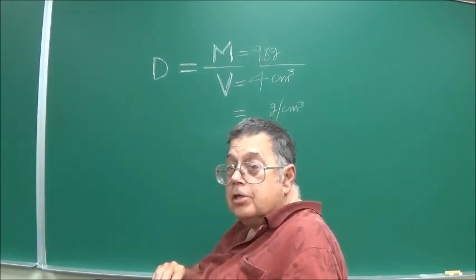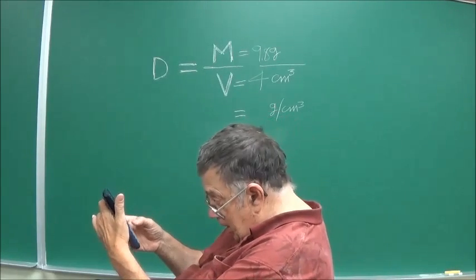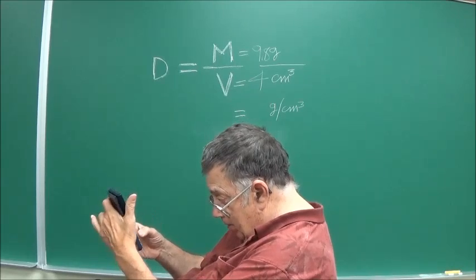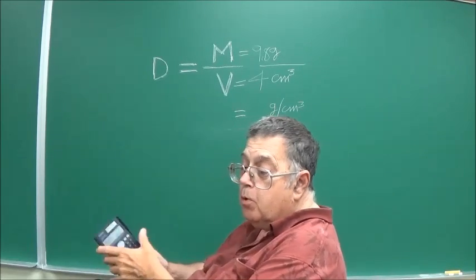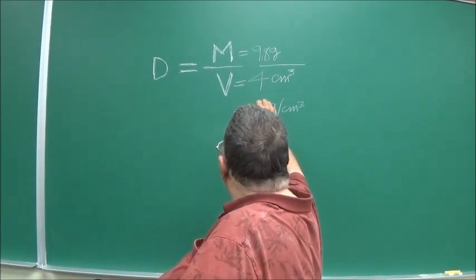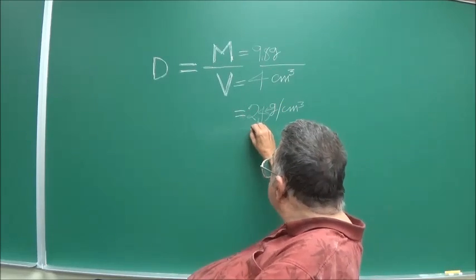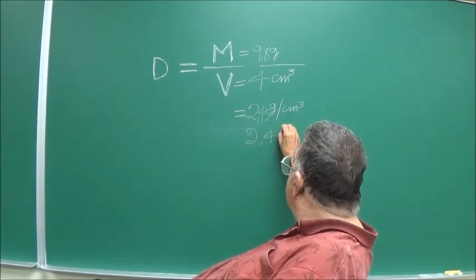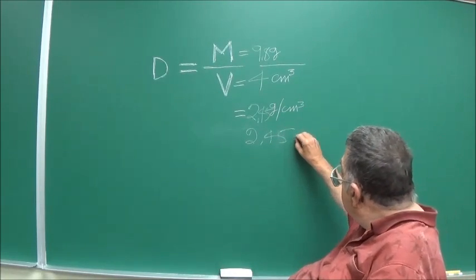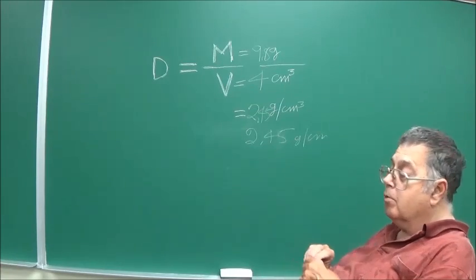If we do the division on the calculator, 9.8 grams divided by 4 comes out to 2.45 grams per cubic centimeter. Those are the units that we would use.